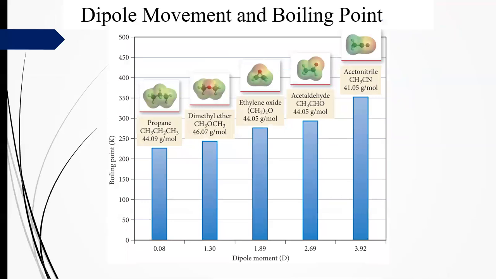All of these molecules have a similar size, which means that our London forces are going to be kind of the same. And so as our dipole moment increases, our boiling point is also increasing.